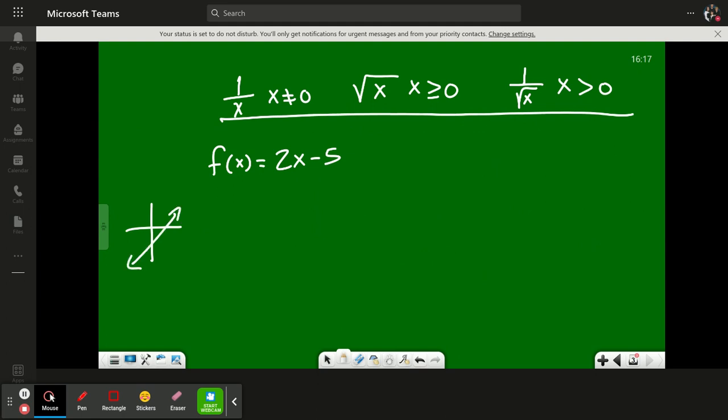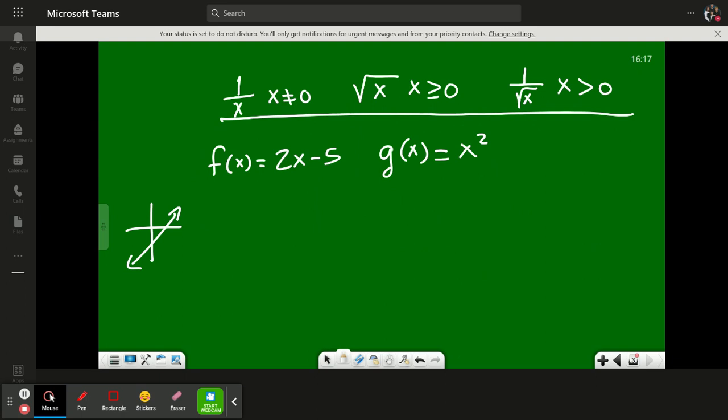So the domain is all real numbers. And what about if I have g of x is equal to x squared? What's the domain of every quadratic?